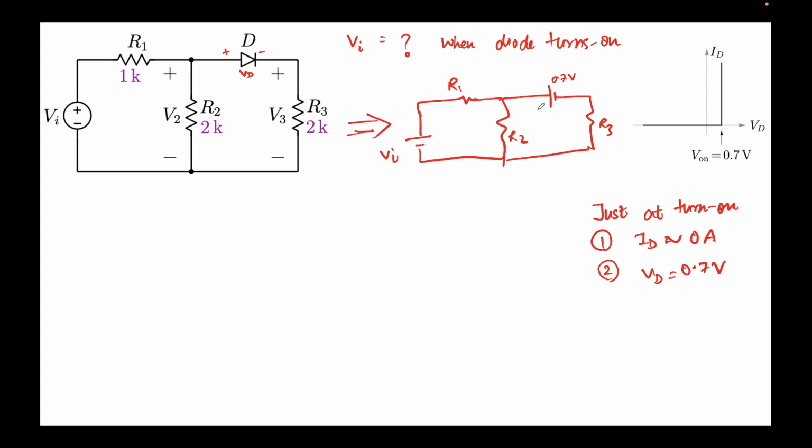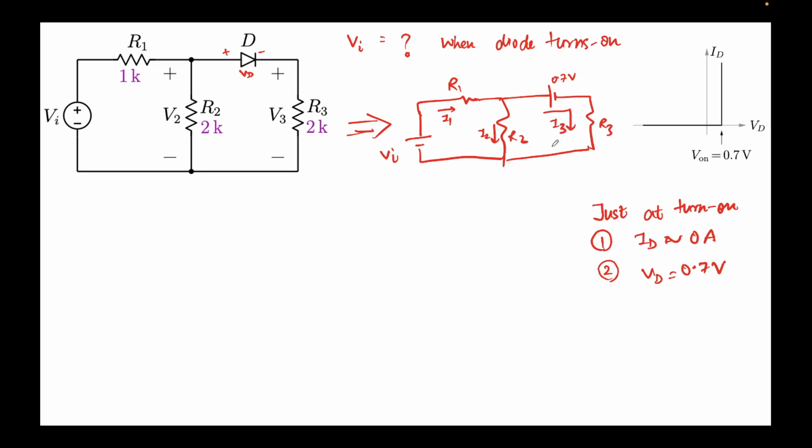This means the current would have just started flowing through this diode and accordingly through this resistor. Okay, so now let's draw the currents. Let's assume this is i1, this is I2, and let's assume this current to be I3. I3 will be, by the way, same as ID.